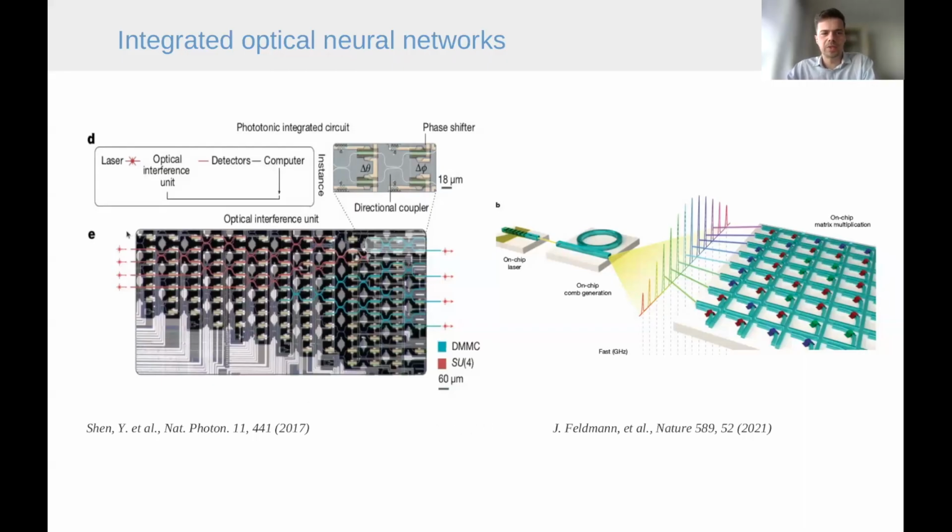Here we have a photonic chip with inputs on the left side, and a series of couplers and phase shifters, which encode a matrix that we multiply the vector by. The output comes from the other side of the device. Here we see a similar device, but now we have encoding of information in frequency space rather than just physical space.